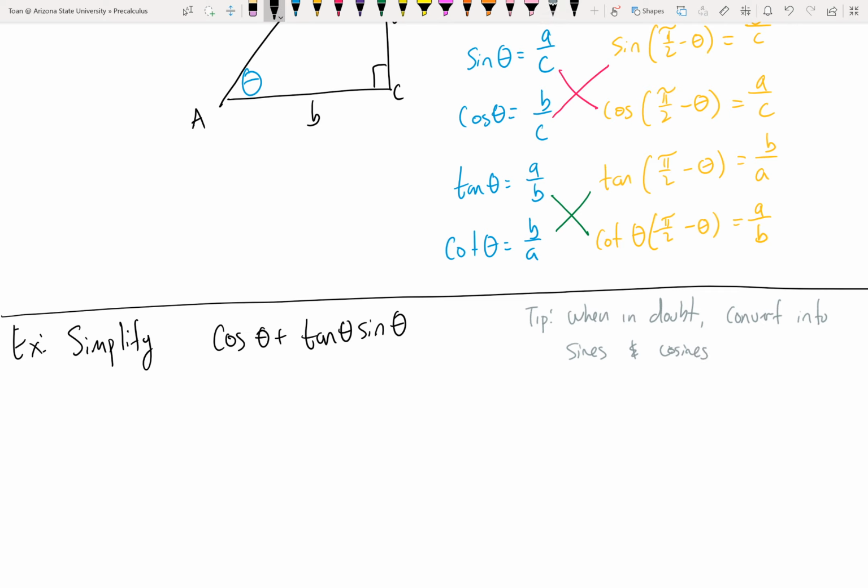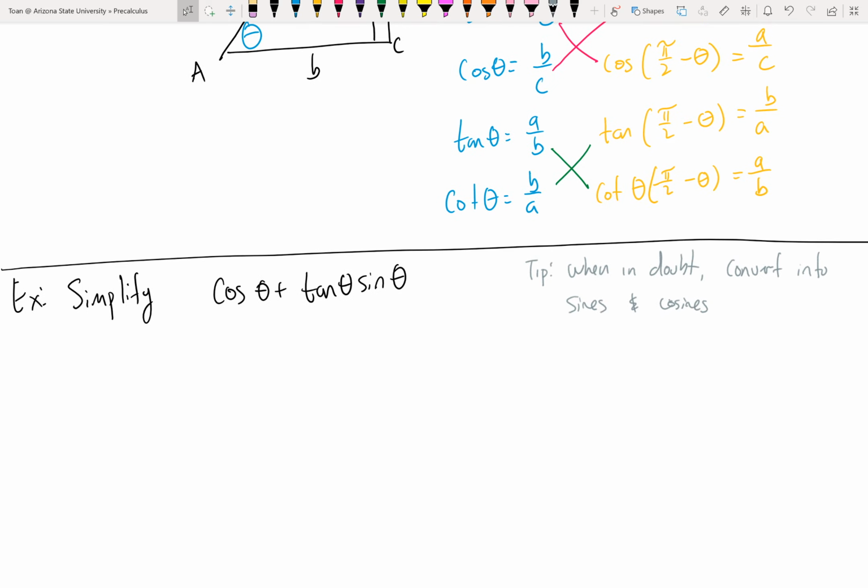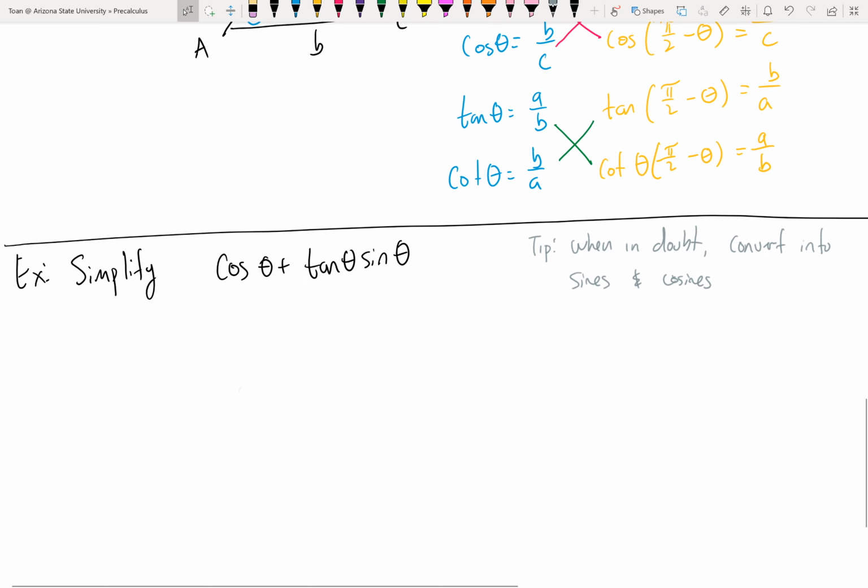This is usually my method of last resort. I always try to use identities first. If I see tangents on top, tangents on bottom, I'll just cancel them out. But if I have absolutely no idea what to do, I would just convert to sines and cosines. And that's basically my only choice here, because there's no squares, so I can't use Pythagorean identities.